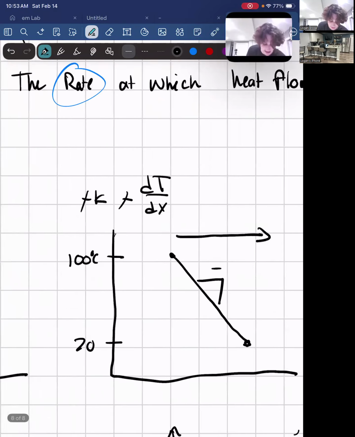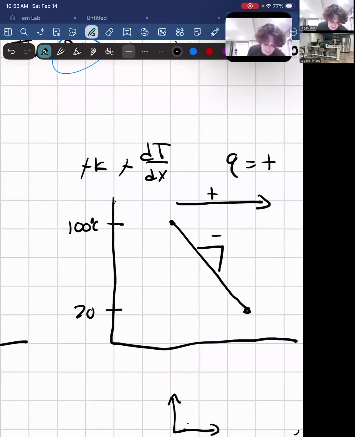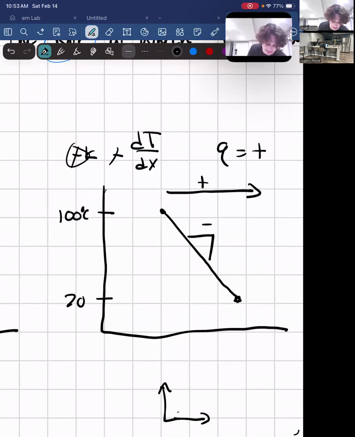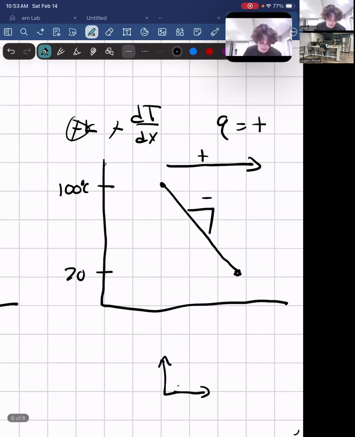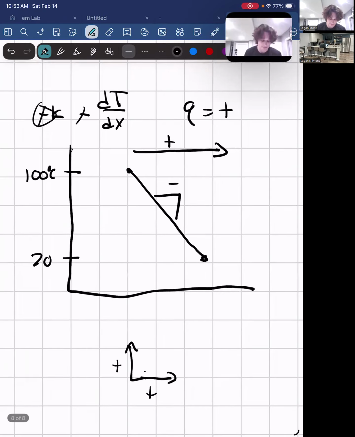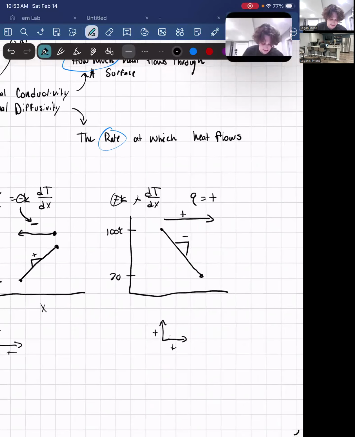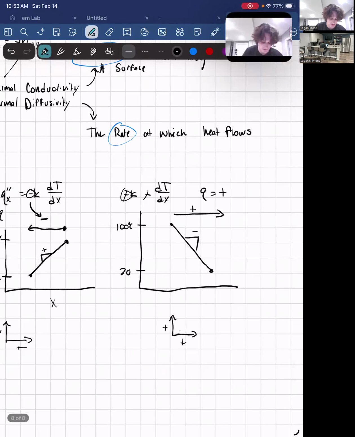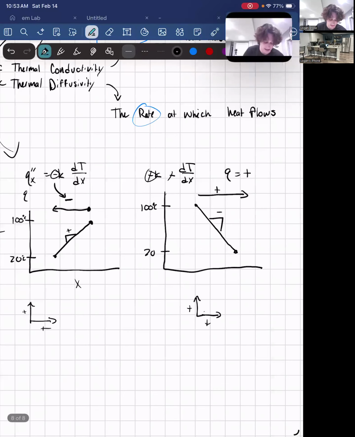These cancel out. So our Q will be positive, because this is moving in a positive direction. And since this negative is always there, it canceled out this negative slope. So that is why Fourier's law is the way it is, with the negative thermal conductivity times the temperature over change of position.